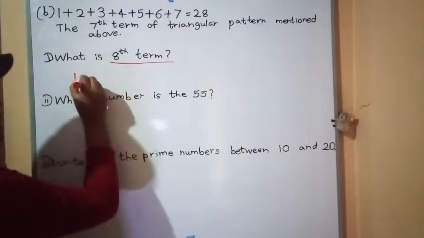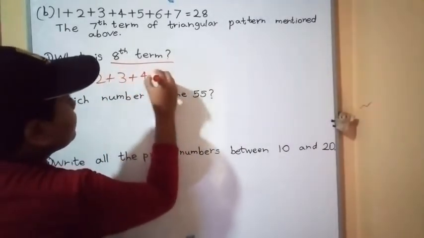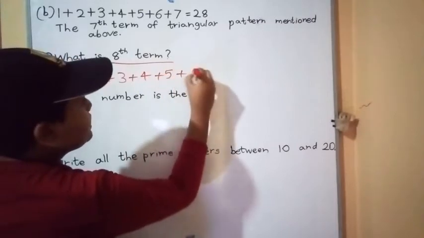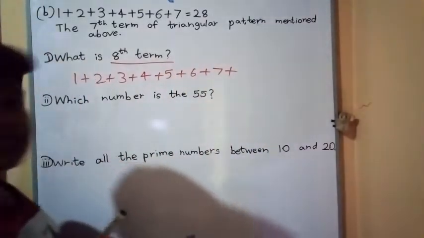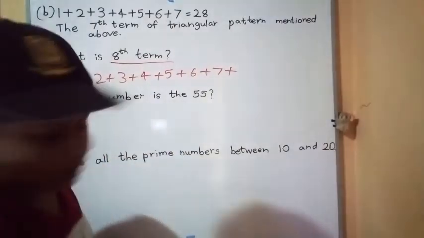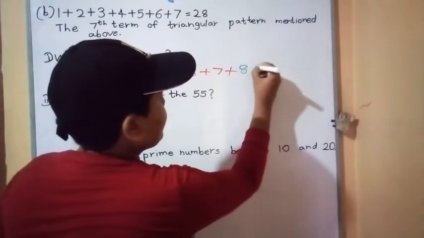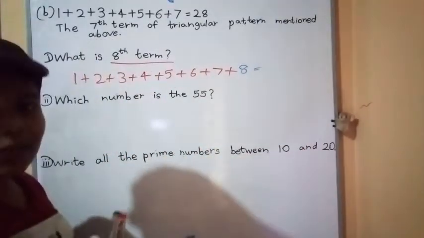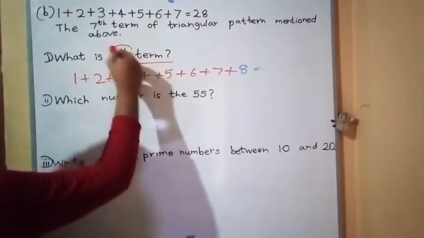Now, I write 1, 2, 3, 4, 5, 6, 7. You want to add for this 8. Right? 8 for this. Now, because you want to find the 8th term.